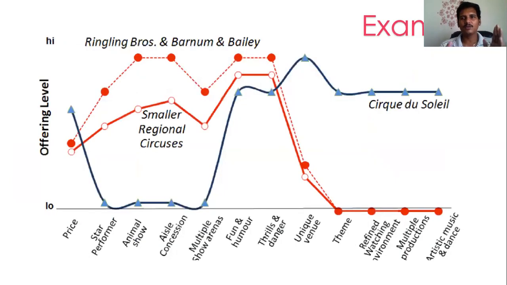Okay. So this is a very classical example for blue ocean strategy: Cirque du Soleil. Cirque du Soleil is a kind of company which produces circus. Okay, we all know about circus. From my early age, I was excited about the circus.